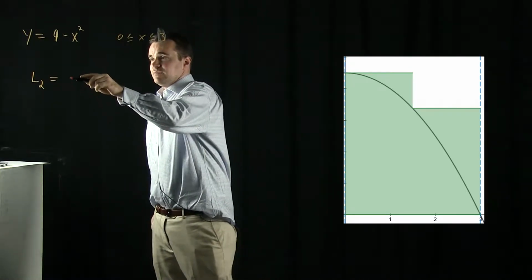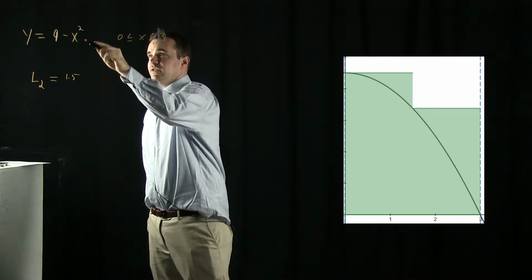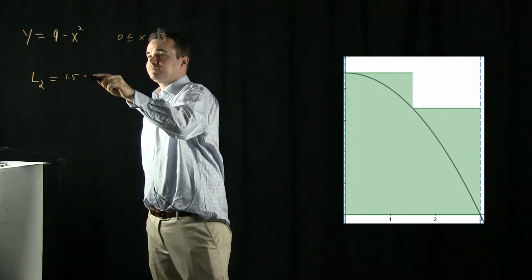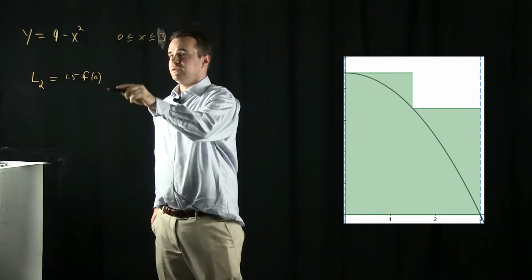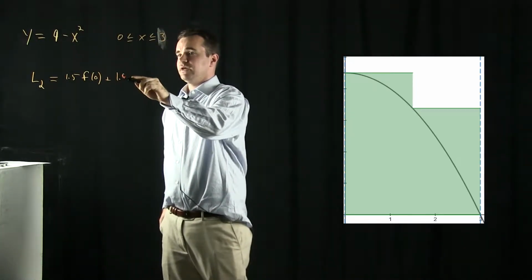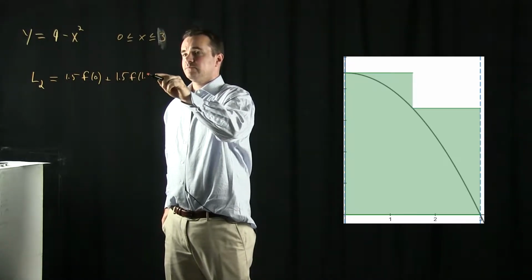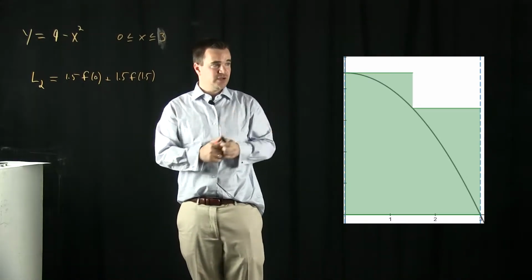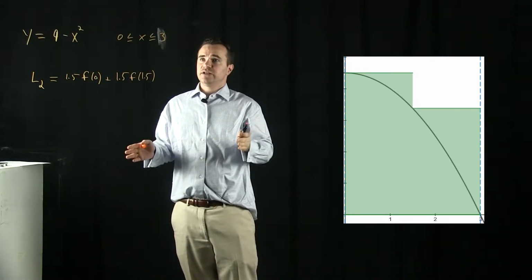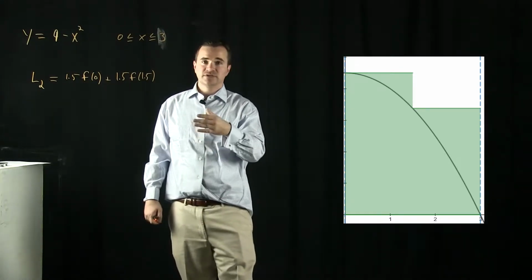So what that's going to be is 1.5 times, let's say y equals f of x, f of 0, which is equal to 9, plus base times height, 1.5 times f of 1.5. That's the area of the two rectangles. Then I could divide this into thirds if I wanted, and take three rectangles and continue the pattern.